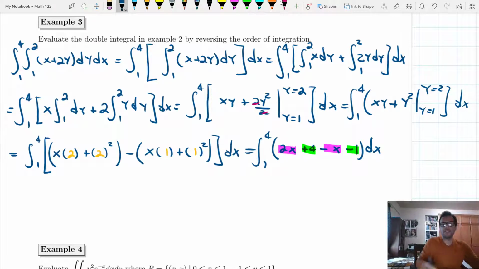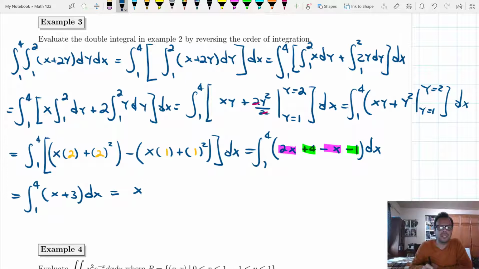So 2x minus x, that's going to be the integral from 1 to 4 of x plus 3 dx. Okay, so we can integrate this easily. That's going to be x squared divided by 2 plus 3x. We're using the general power rule. And we evaluate from x equals 1 to x equals 4.